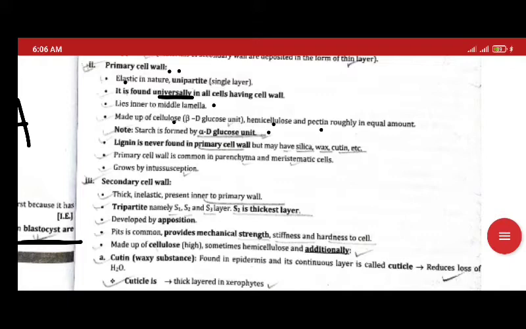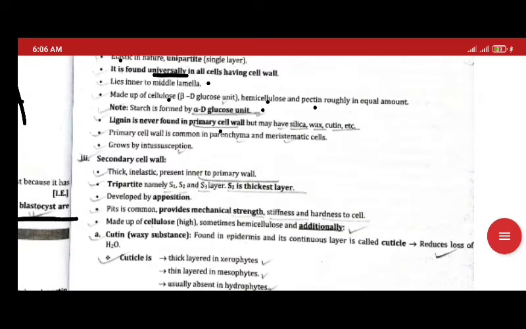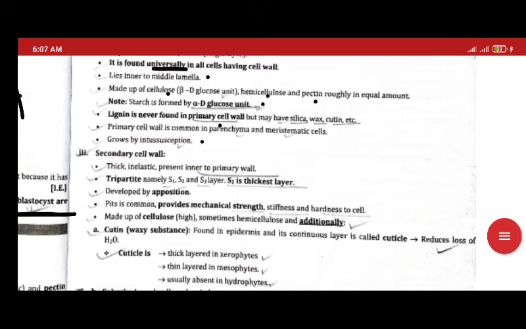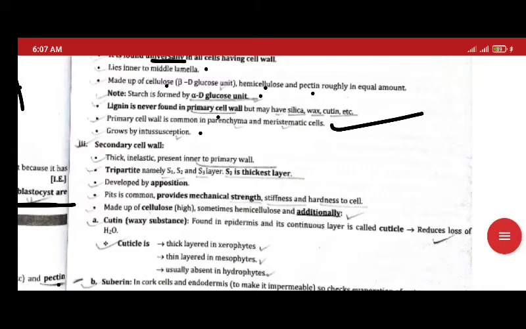Alpha-D-glucose. Lignin is never found in the primary cell wall. It is formed by intussusception, mainly present in parenchyma and meristematic cells.